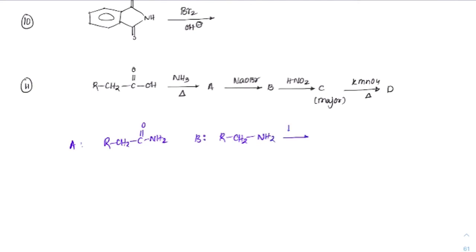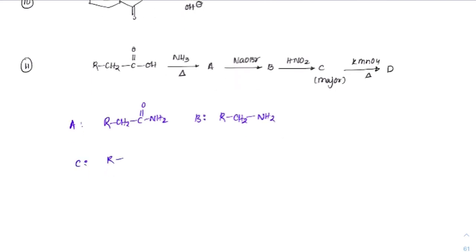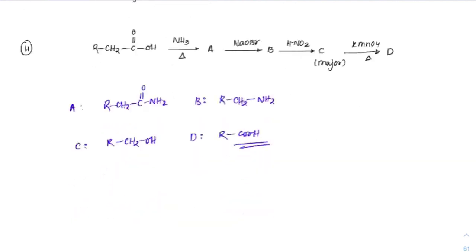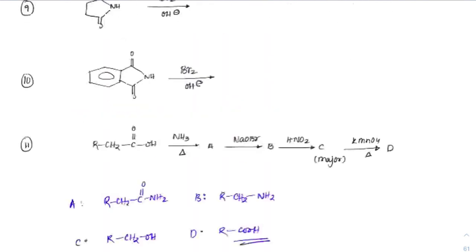That on HNO2, what do we get? Diazonium salt. Alkyl diazonium salt is unstable, and he's asking for the major product. What is the major product there? Alcohol. If nothing is mentioned, just take alcohol. Alcohol on oxidation will give acids. This will be the final product. I hope you guys understood that.